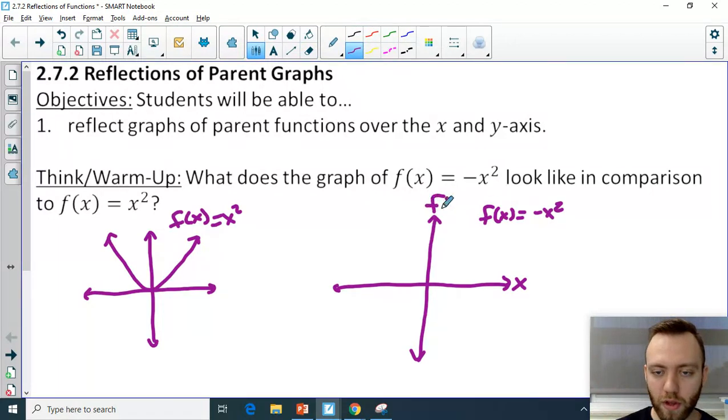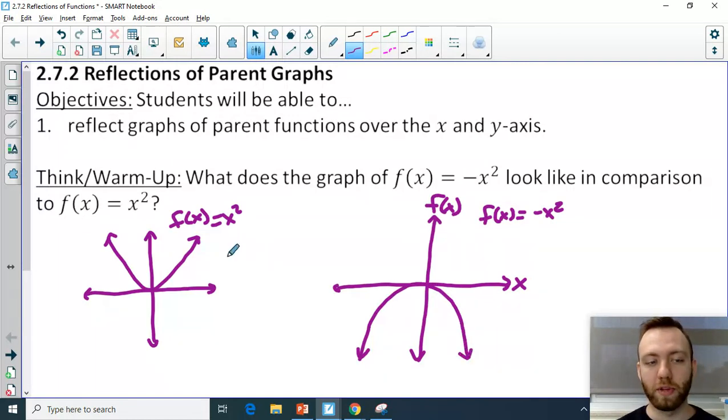So f of x instead of y. Negative x squared is just going to be the same thing, except we've turned it downwards, right? And I know my graphs don't look entirely the same, but they're supposed to be the same, except this one is just flipped down, and that kind of makes sense, right? Take whatever x value we had here and make it negative. So it makes sense that all these are going to be negative going down like here.